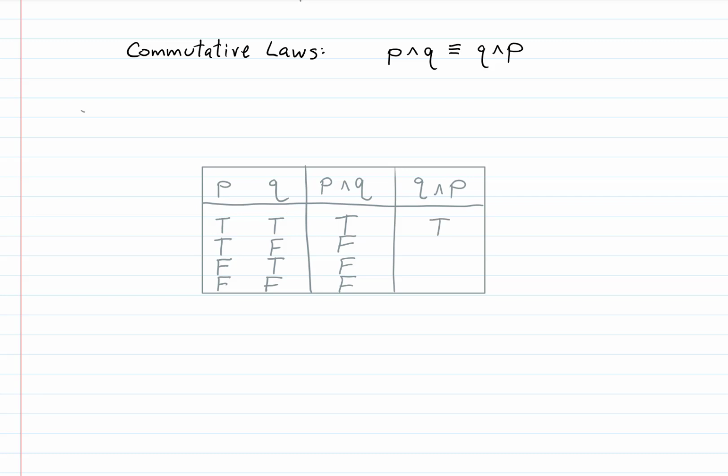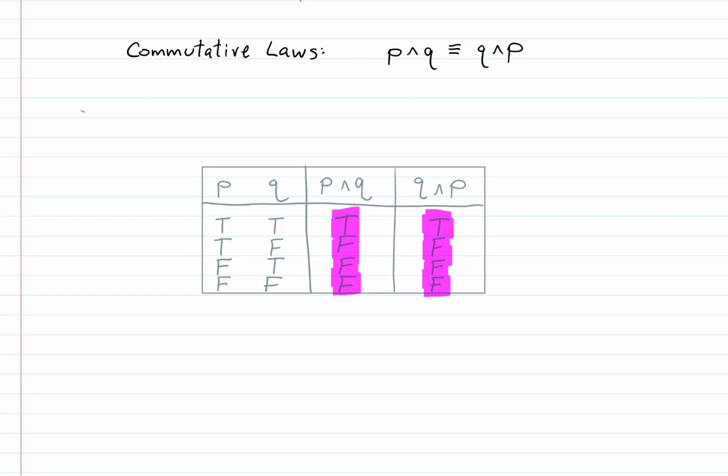In the other 3 cases, one or both are false, so the conjunction will be false. And then I compare this column and this column, and I see they're identical, and so that means that those 2 statement forms are logically equivalent.